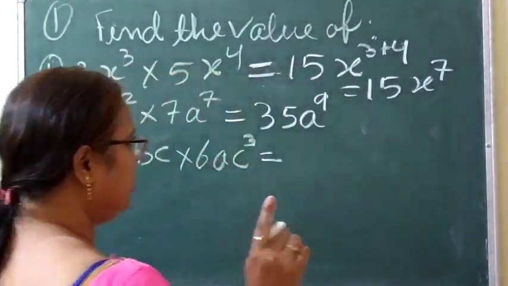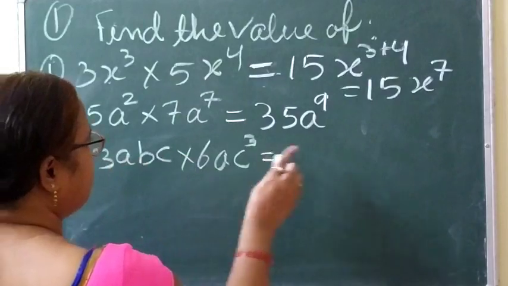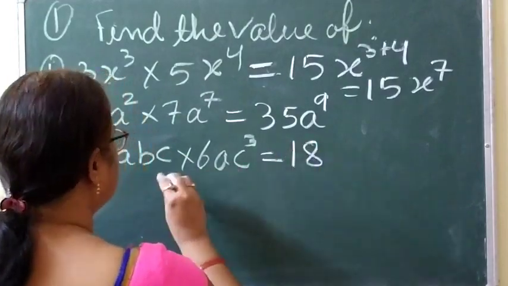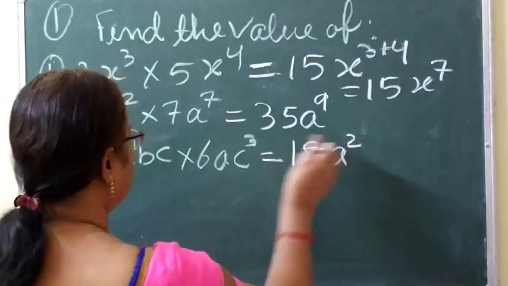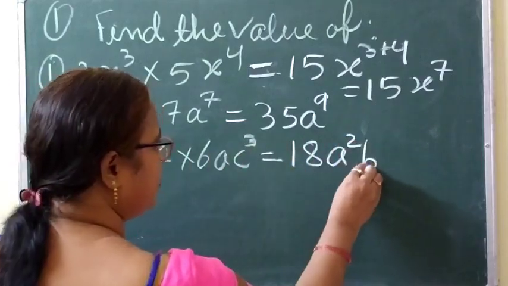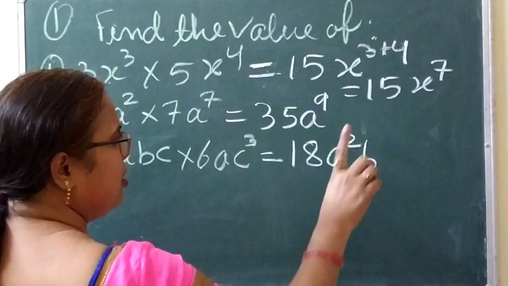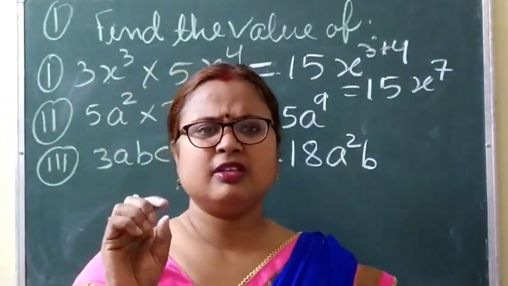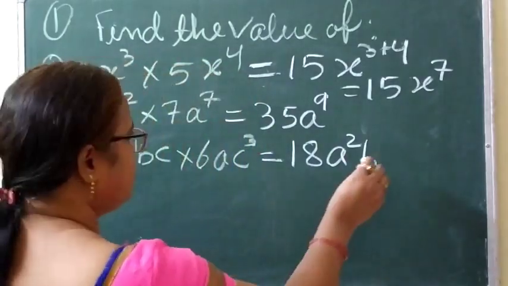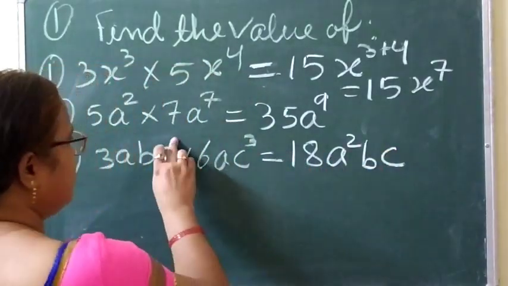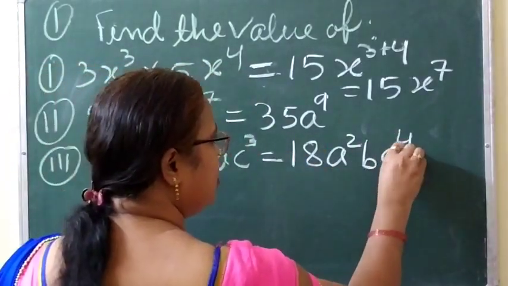B is given only once. So first we will multiply, 6 3s are 18. Then a is 1 here, 1 here, so 2. Then b only 1, so we will write here 1 only. When the power is 1, whether you write it or not, it is considered as 1. And then c, the power is 1 here and 3 here, so 1 plus 3, 4.